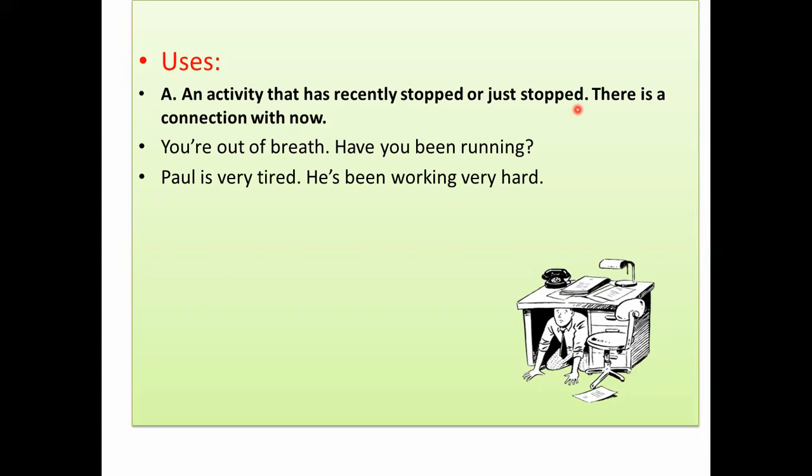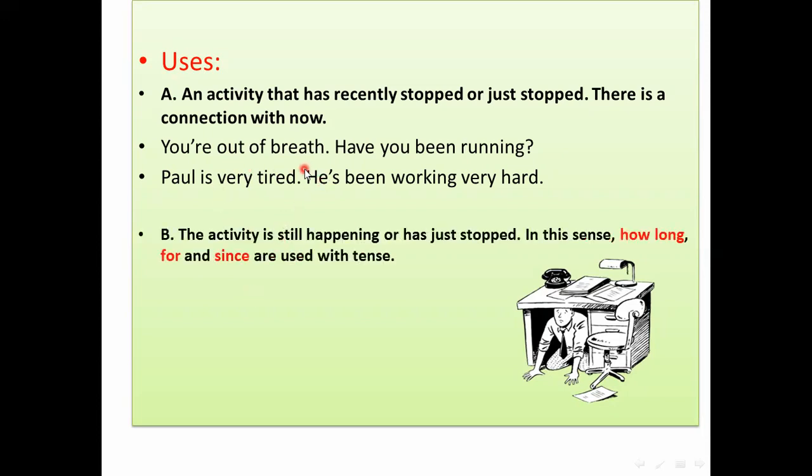So there should be a connection with now. For example, you are out of breath. Have you been running? So the action of running has recently stopped, and you're still in the situation of running. You are out of breath. Have you been running?